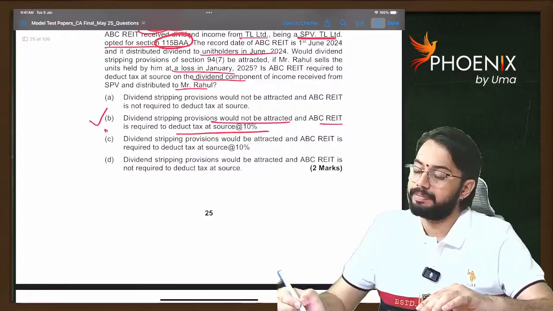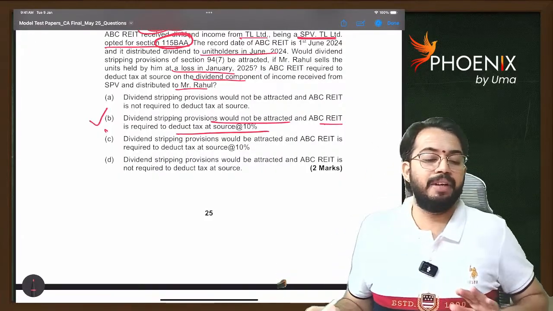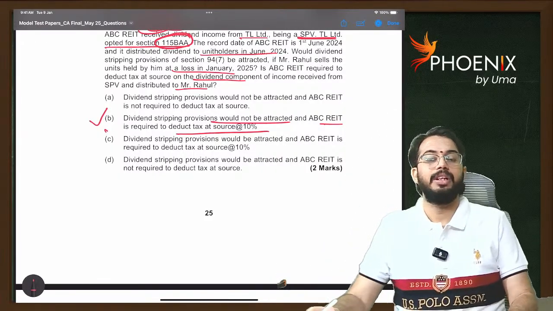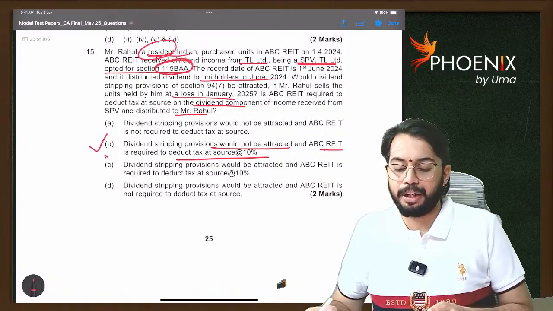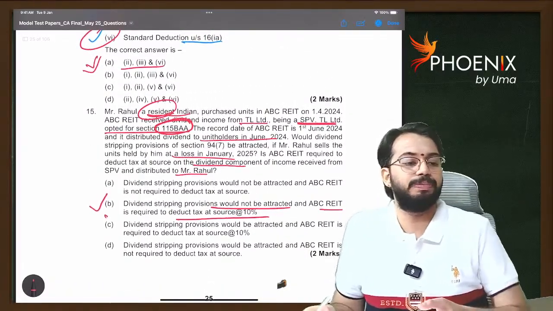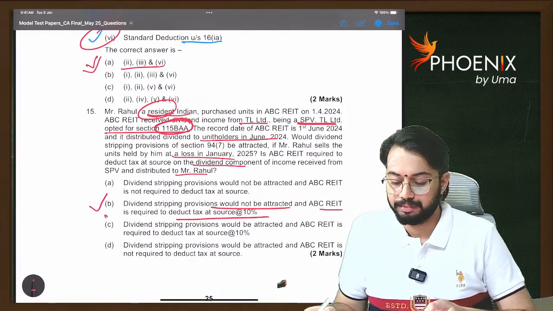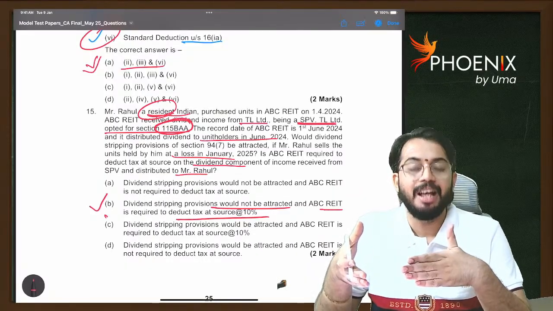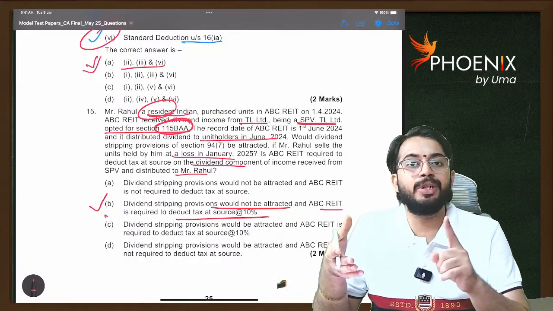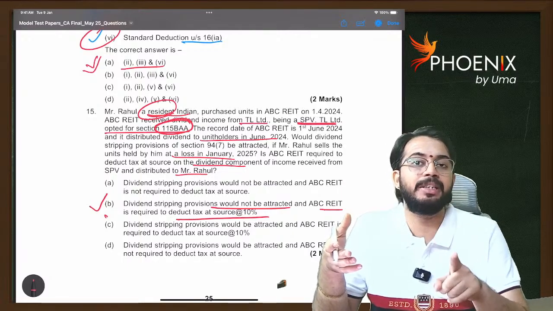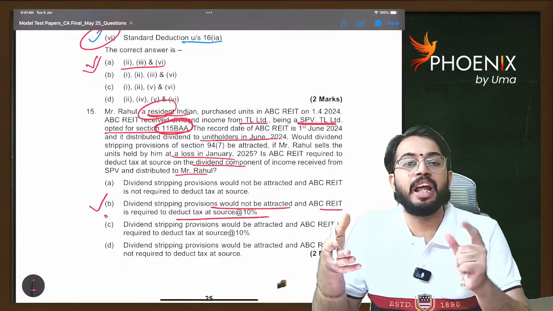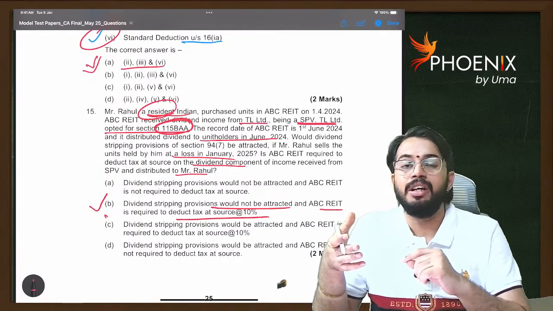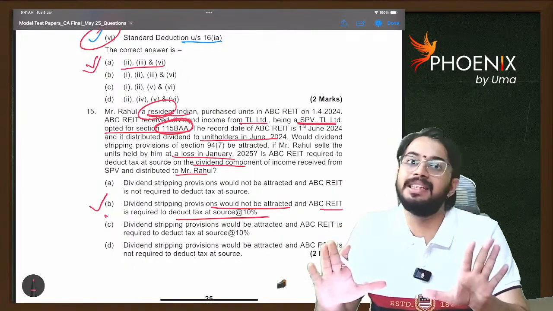Okay. So with this, we are done with MCQs. Did you all understand MCQs of model test paper 2? See how much depth he is asking MCQs. That's why you need to listen to all model test papers, mock test papers and RTPs. Right away, if you go to examination, you will fumble in the examination.